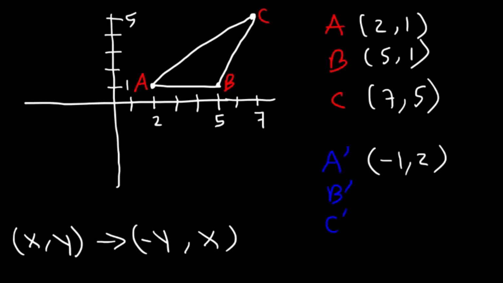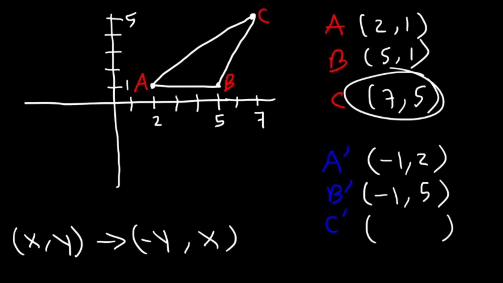And then multiply the first coordinate by -1. We're going to switch 5, 1 into 1, 5, and then add a negative sign to the first coordinate. And 7, 5 is going to become 5, 7, but we're going to multiply the first coordinate by -1. So all of these points are located in quadrant 2.